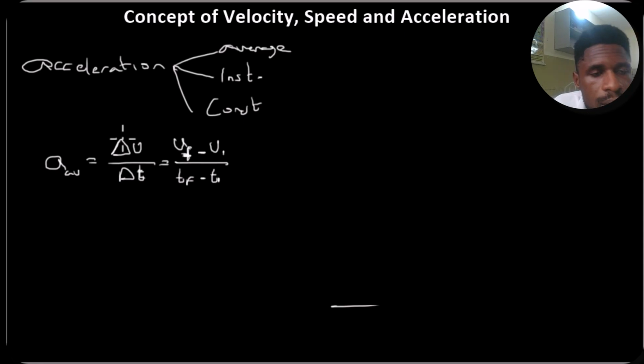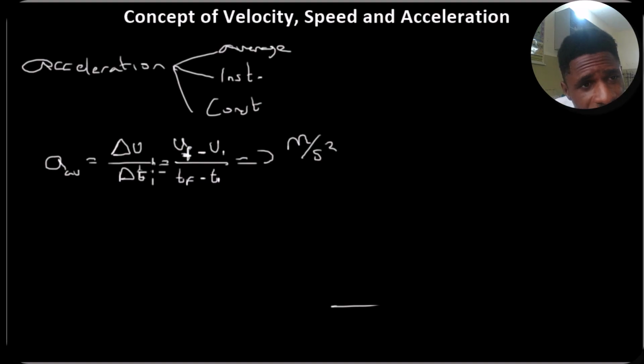All right. Now, acceleration is a vector quantity. That is, in order to describe it efficiently, we must know its magnitude. We must also know its direction. So it's a vector quantity, and the unit is meters per second squared.